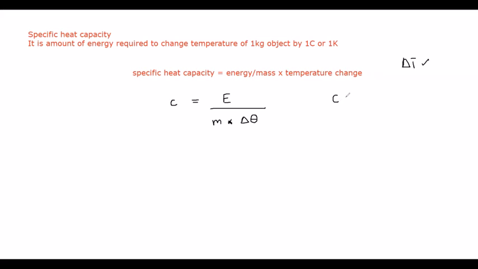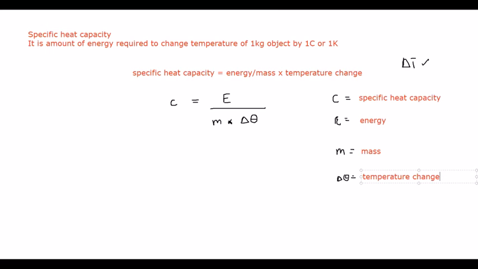So c is the specific heat capacity, E is the energy which we supply or remove, M is the mass of an object, and delta T is the temperature change.